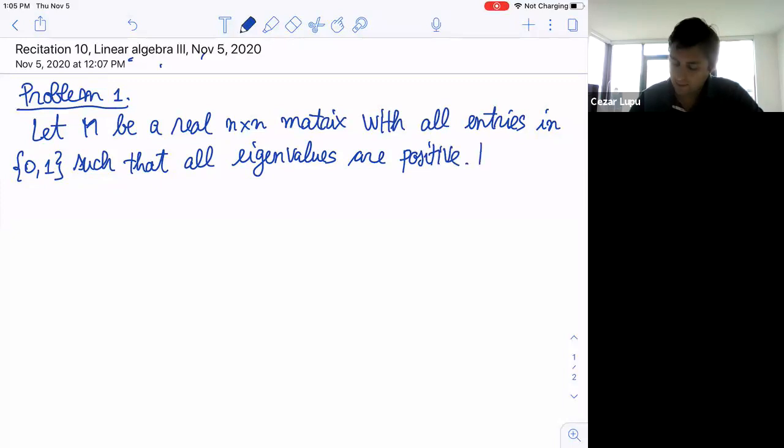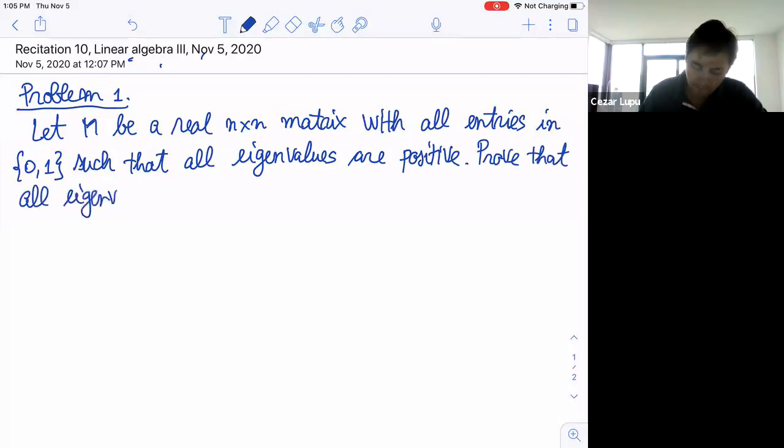Prove that all eigenvalues are equal to 1.